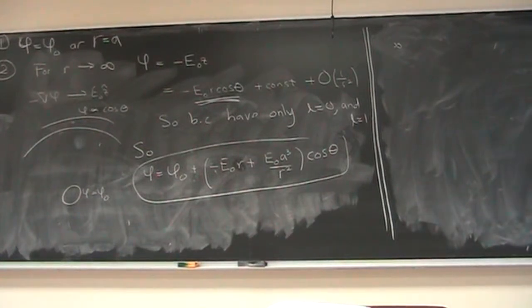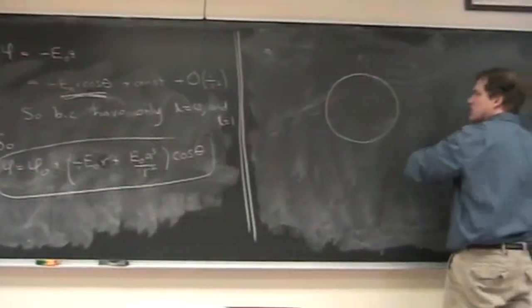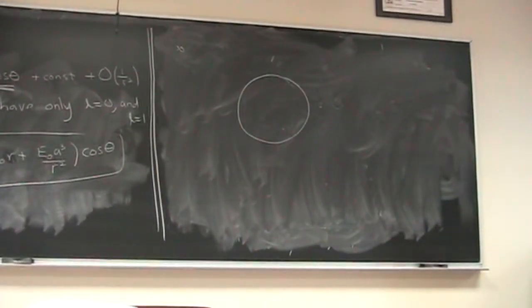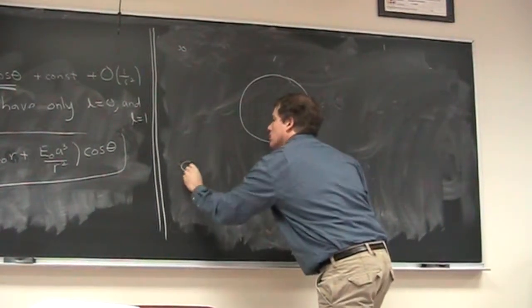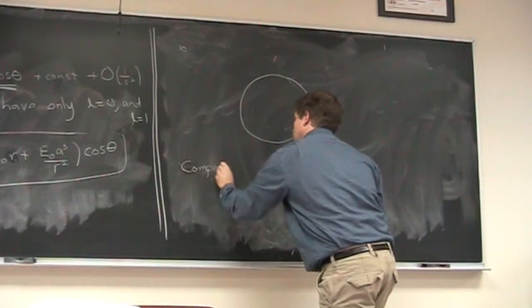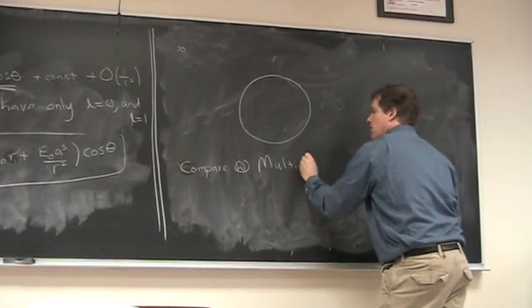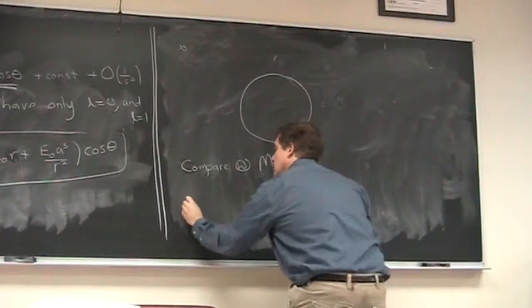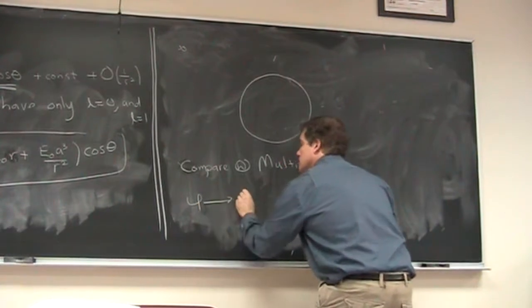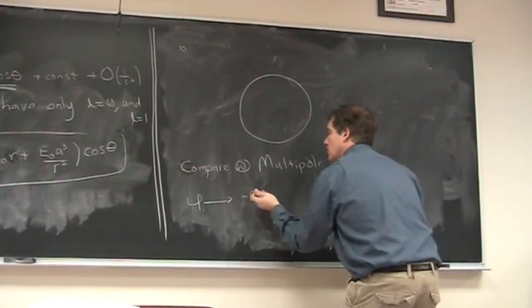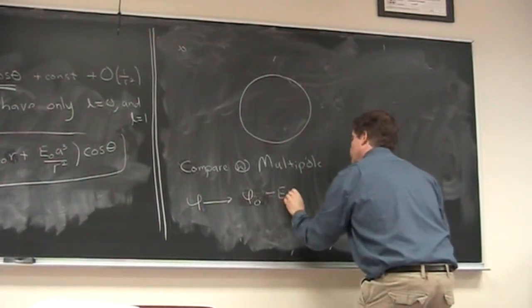So let's analyze it for a second here. It looks like this: here's the sphere. If I go far away, phi is minus E naught r cosine theta.